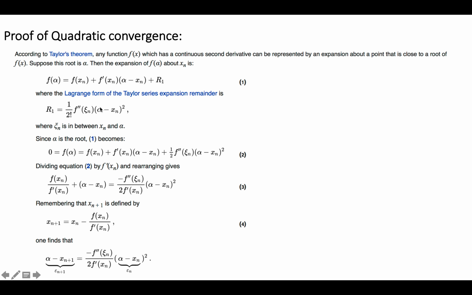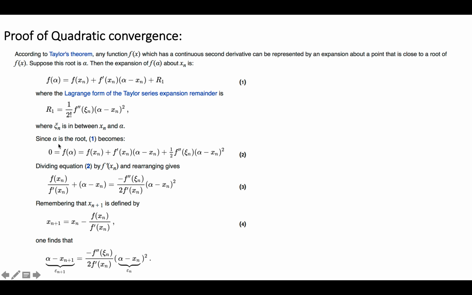So this is the higher order term, which can be written directly as R1, and other higher order terms are neglected. Also, this en is in between xn and alpha.